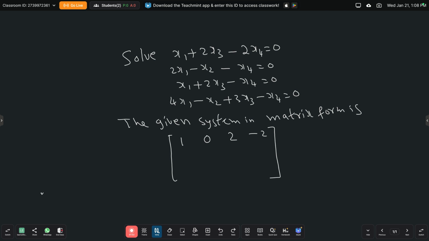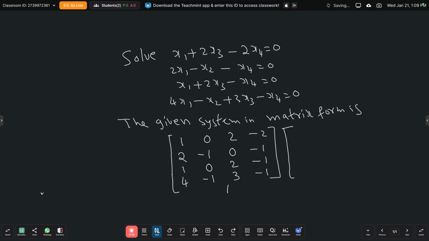In the second equation, coefficient of x1 is 2, x2 minus 1, x3 not there, so 0, x4 minus 1. In the third equation, coefficient of x1 is 1, x2 not there, so 0, x3 coefficient 2, x4 coefficient minus 1. In the last, coefficient of x1 is 4, x2 is minus 1, x3 is 3, x4 is minus 1.